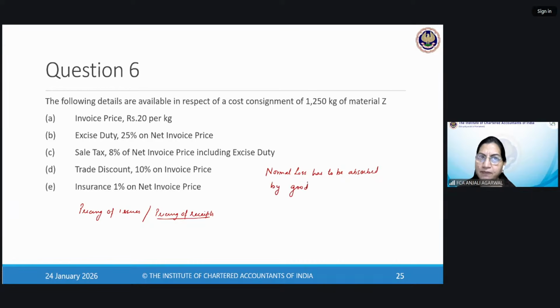Remember this, this will be applicable in all the chapters. Any normal loss has to be absorbed by good units, whereas any abnormal loss is charged to the costing P&L account.